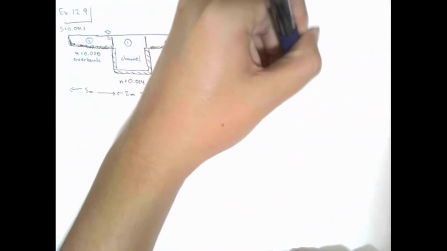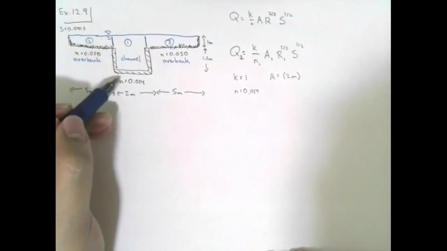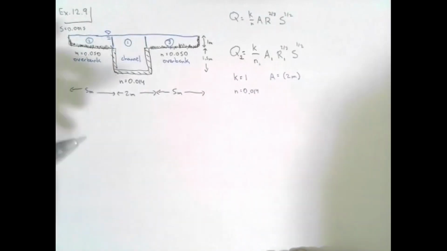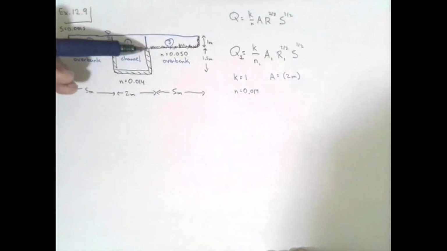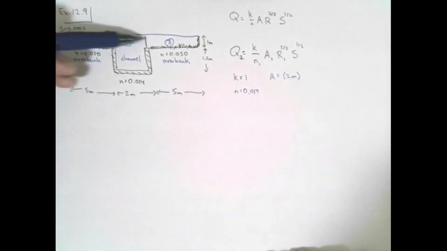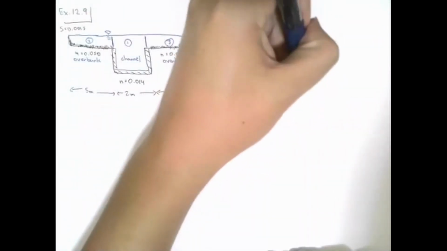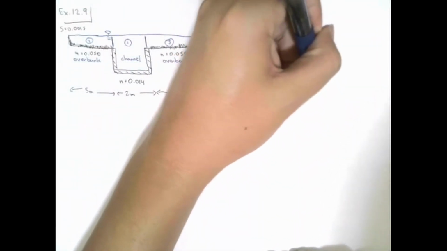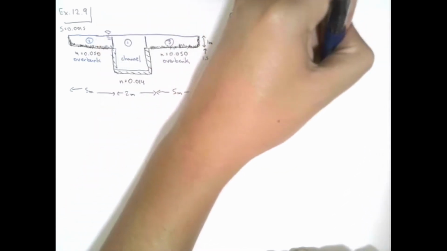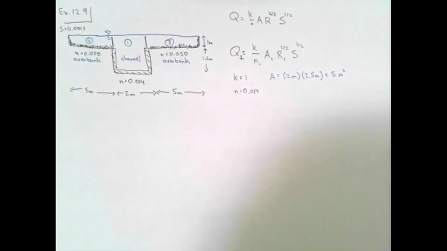Excuse me, squared. Squared, right. We know this is 2 meters. And then for the area, you can see that our section actually includes the portion of the channel that's above the concrete channel, right? So that means that our other dimension should be 2.5, which, as you already said, equals 5 square meters. Now, this is something where I want you to be careful.